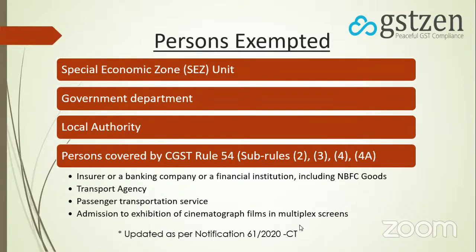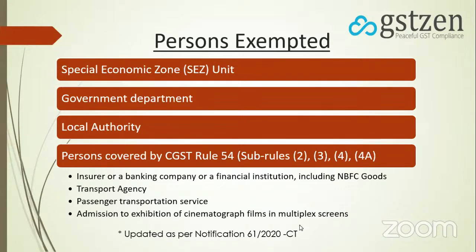So SEZ units are exempted. Also any government department, local authority, or persons covered by CGST rule 54. That includes an insurer or a banking company or a financial institution, including NBFC, and goods transport agency. A lot of people who are operating in this business have this doubt whether e-invoicing is applicable to them.